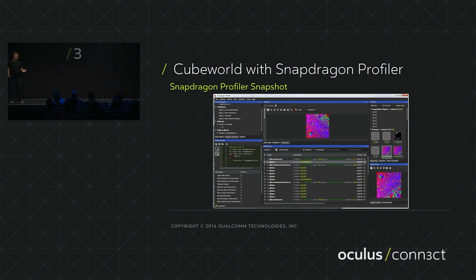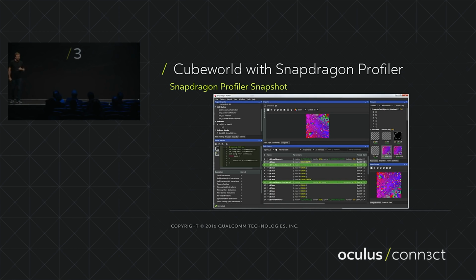So the first thing we did, when making our modifications, is said, okay, well, what's the structure of the frame? So we did a snapshot. And with the snapshot, you get the screenshot there in the top section, and on the right-hand side, you get all your resources, including your textures. And in the bottom middle, you can see all the draw calls, and you can dig into the API calls and see what's going on. On the left side, program attributes, and down below that is the shader code for different programs.